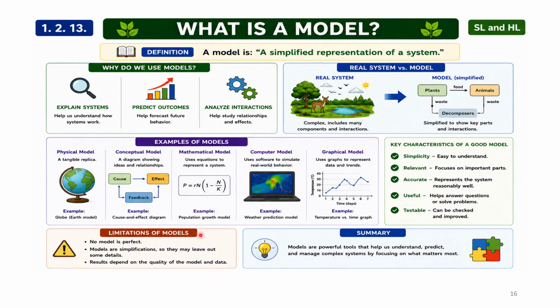However, every model has limitations because it simplifies reality and may omit some details. The key takeaway is that models are indispensable tools for understanding, predicting, and managing complex environmental systems while recognizing that no model can perfectly represent the real world.